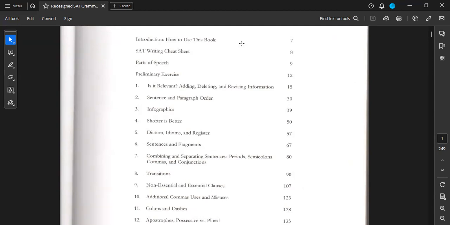So what I'm going to do is probably just go straight to chapter 5, which is diction, idioms, and register. Like I said, if you're part of this group learning, you've probably already learned this with me before because I've covered this chapter before.